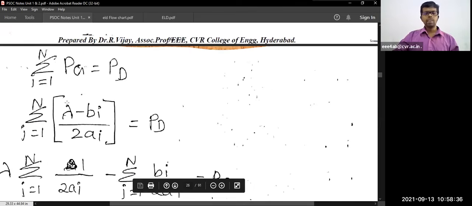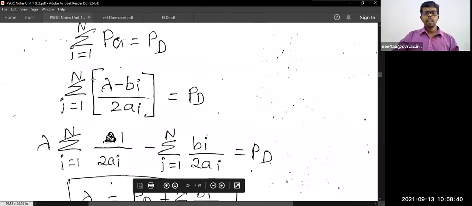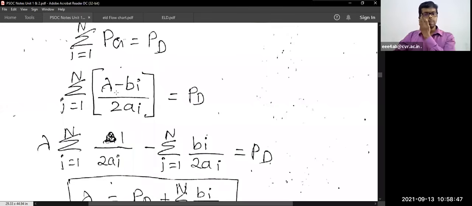Just like that, we are substituting and equating it to PD. So it will come like this: summation I equal to 1 to n of (lambda minus BI) divided by 2AI equals PD. So now we have to find out the lambda from here.